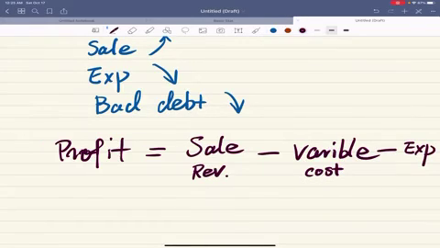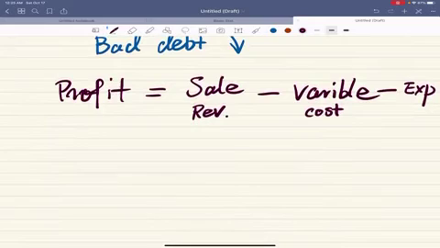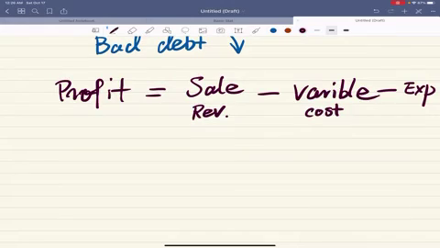This is the expense only relating to collecting the accounts receivable. So this formula seems quite easy, and we should extend this formula.